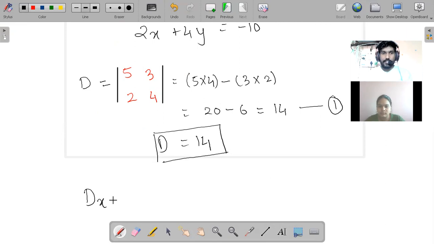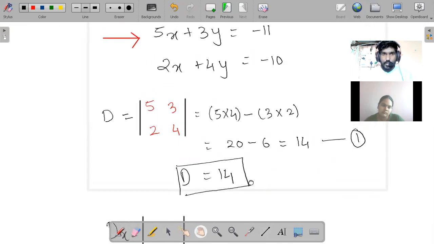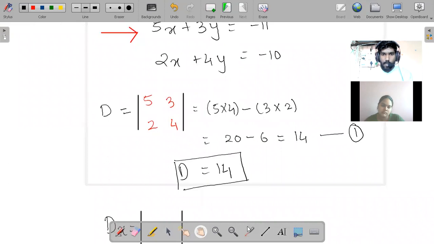How do we write dx? Look very carefully. To write dx, look at the equations, and instead of the first column, that is 5 and 2, you write what is on the right hand side, which is minus 11 and minus 10.